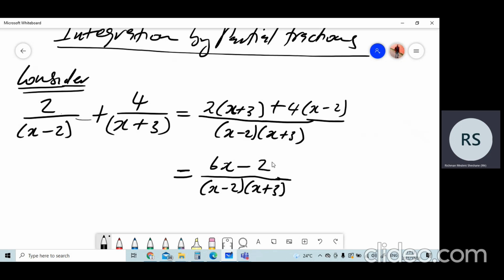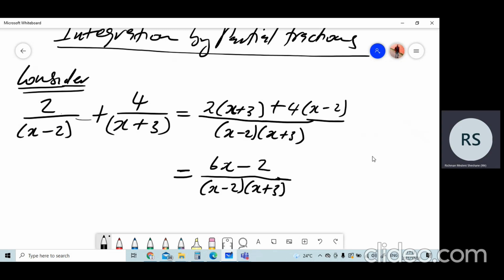You'll be given the single expression, and because you don't have a standard integral of this, you write it in terms of its partial fractions and integrate each one, because it is equal to the sum of the partial fractions.